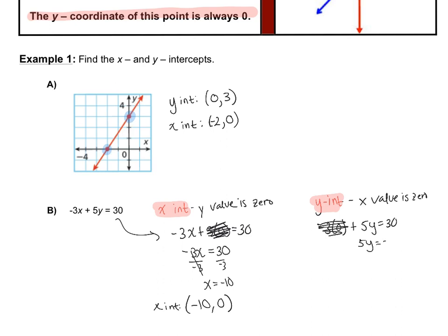So we have 5y equals 30. Divide both sides by 5, and y equals 6. So I can write my y-intercept as the coordinate 0, 6. You could always check this by graphing that line to see.